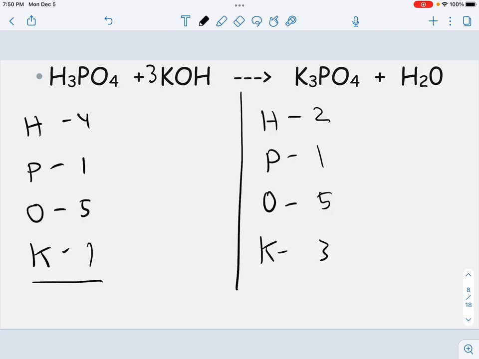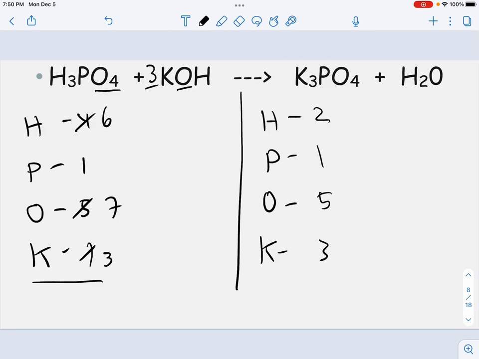So by doing that, we now have 3 potassiums, but now we have 7 oxygens because we have 3 oxygens here, and then we're going to add them to those 4. So we have 7, and now we have 6 hydrogens on the left-hand side. That's everything that we did: putting that number 3 in front of KOH.